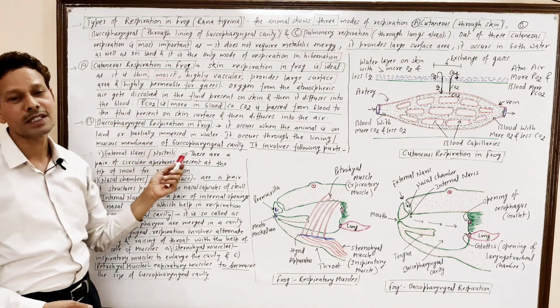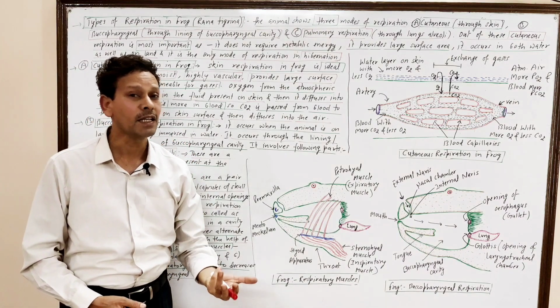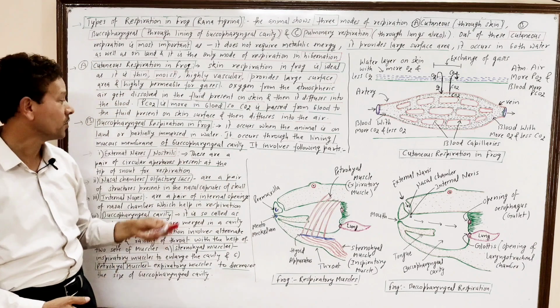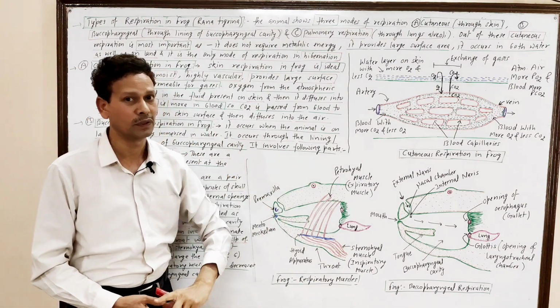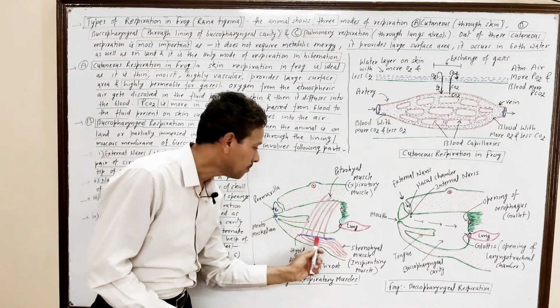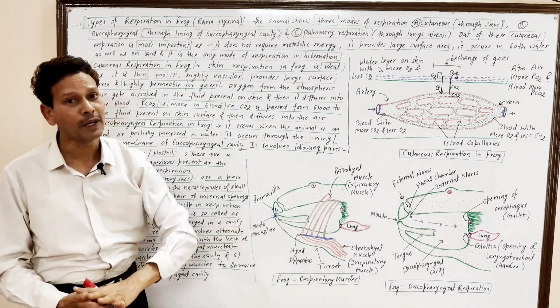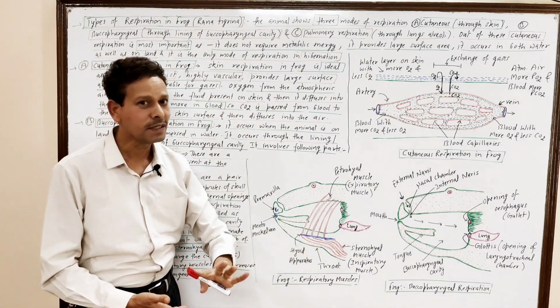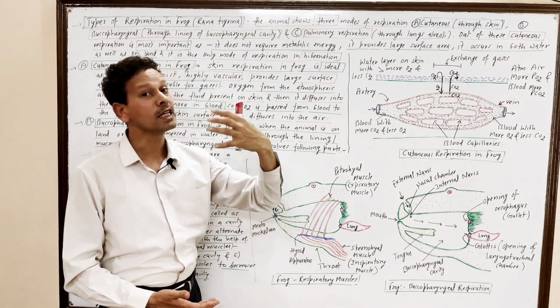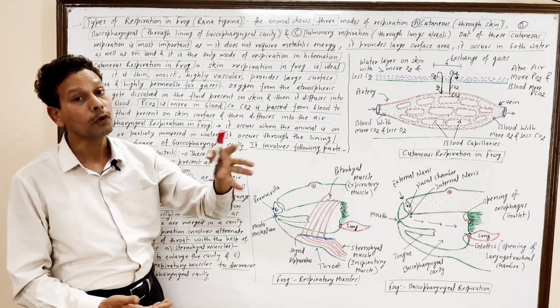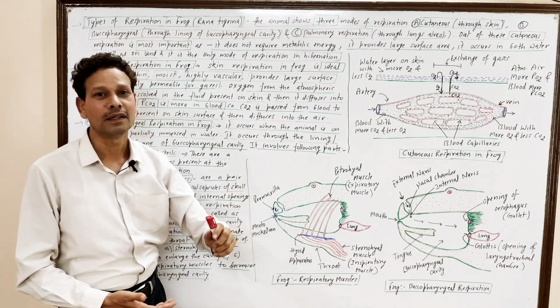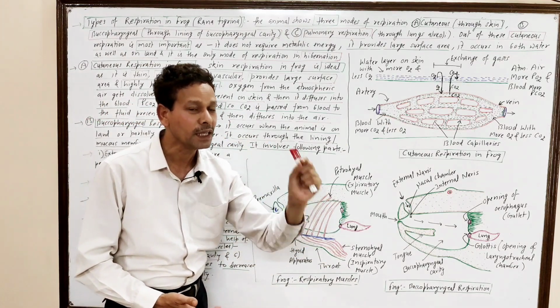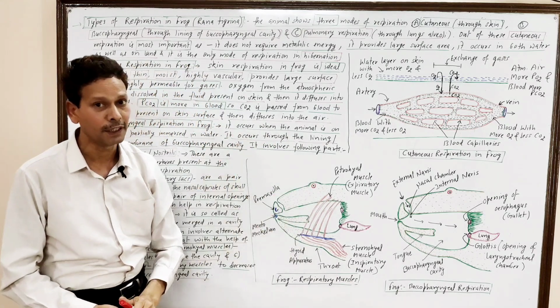The very important second mode of respiration is buccopharyngeal respiration in frog. Dear students, this is the buccopharyngeal cavity. It means the buccal cavity as well as the pharynx region, both are merged into a cavity, and that common cavity is the buccopharyngeal cavity.